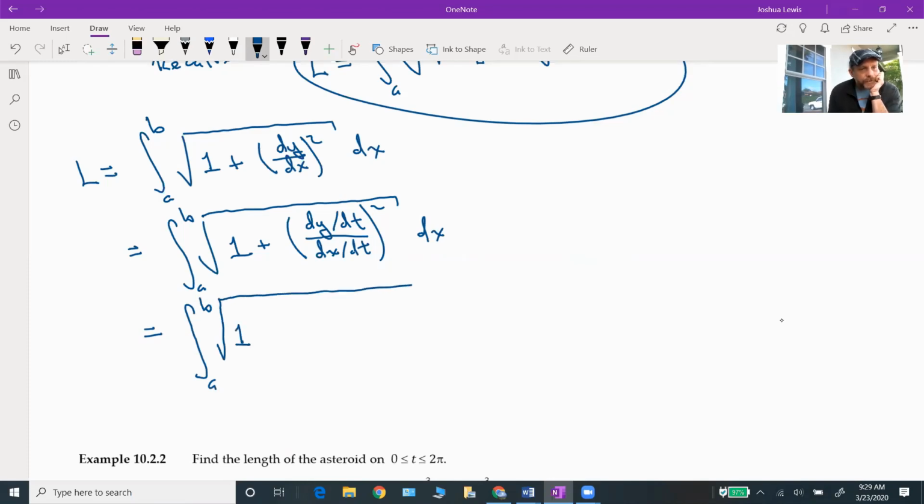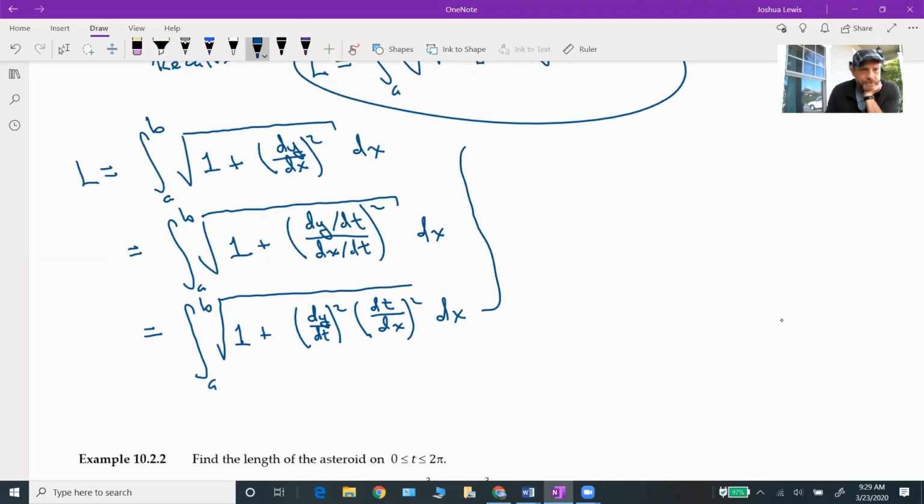So I'm going to treat this as 1 plus dy/dt squared times dt/dx squared, dx. Now, think about that. This is just some algebra. I've got my numerator squared over my denominator squared. Dividing by the denominator is multiplying by the reciprocal. So there I've got it.